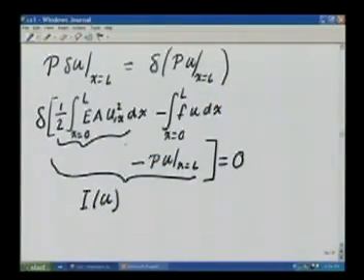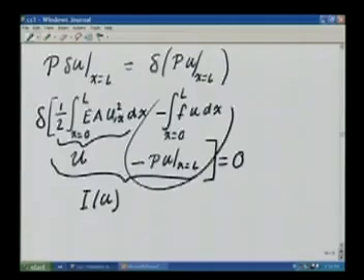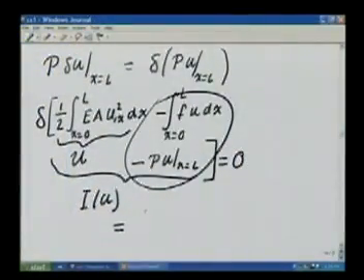I of u, if you look at this term in I of u corresponds to the strain energy U for the structure. The remaining part corresponds to the potential of the external forces. So what we have, this I of u for us is nothing but the total potential energy pi of the structure. And we know very well that the minimizer of the total potential energy is the function which solves our model problem.